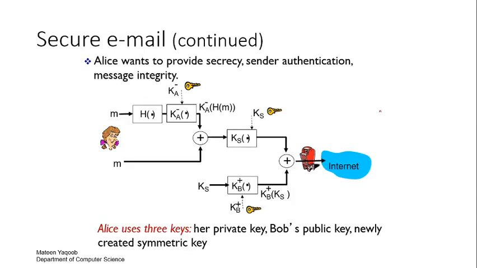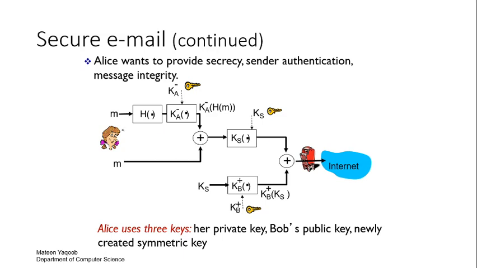So in order to provide secrecy, sender authentication, and message integrity, Alice will use three keys: her private key, Bob's public key, and a newly created symmetric key, so that the whole message can be secured. In order to avoid any possible leakage, or any possible decryption at any stage by the hacker, Alice will use three keys to secure that message.